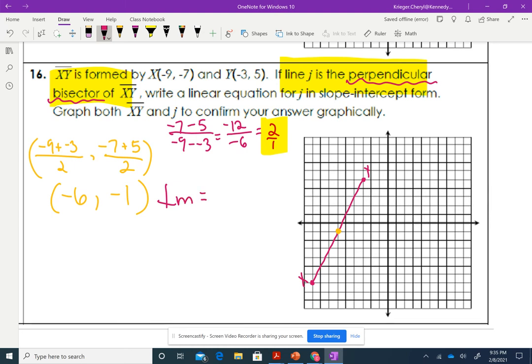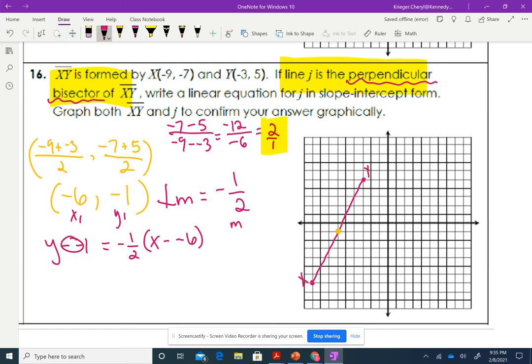Perpendicular slope is -1/2. Okay, so I have my x1, y1. I have my m. Let's plug it into point slope form. y minus y1, -1, equals m, -1/2, times x minus x1, -6.